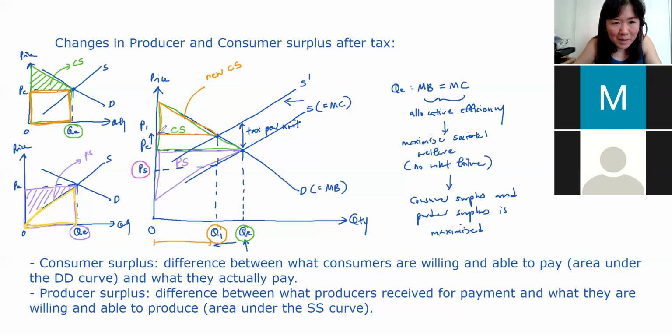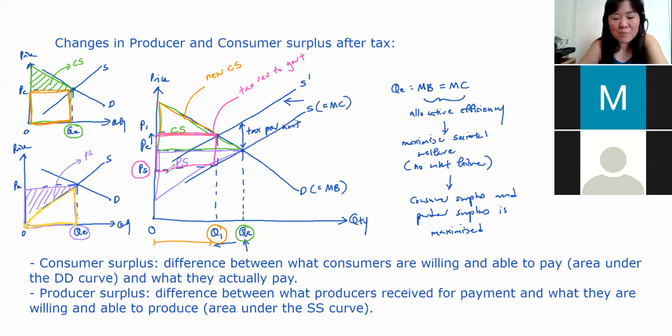So this amount is what would have been paid to the government in the form of tax revenue, as we did earlier, remember? Agree? So this is the tax revenue to the government.